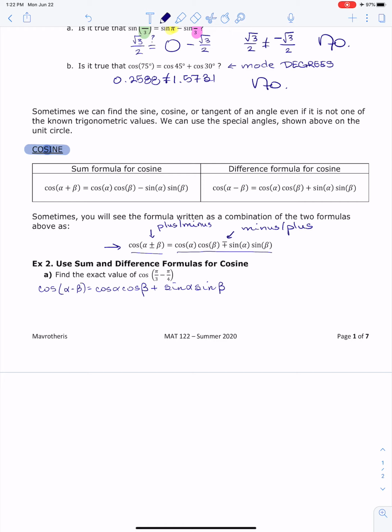You'll find as we go through these, a lot of repetition, a lot of stuff looks the same. So you want to be very careful and make sure you are not mixing things up. So my alpha is pi over 3. My beta is pi over 4.